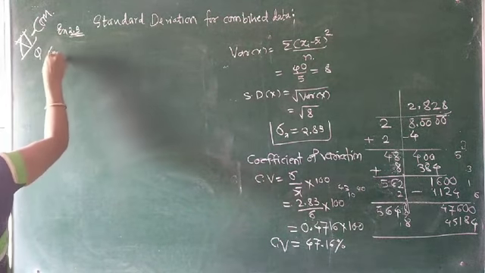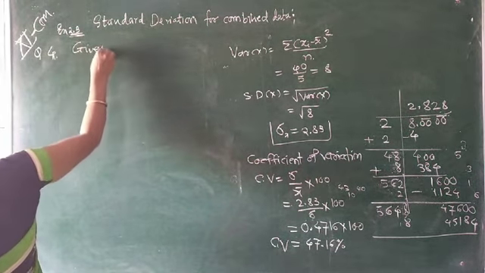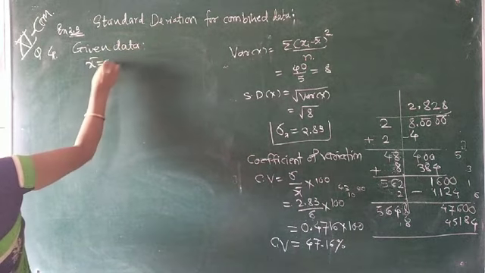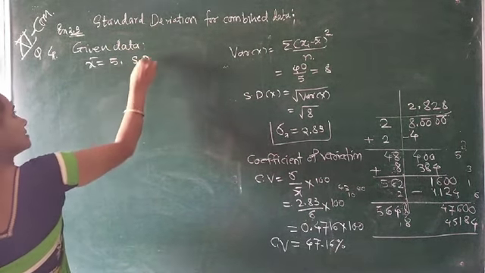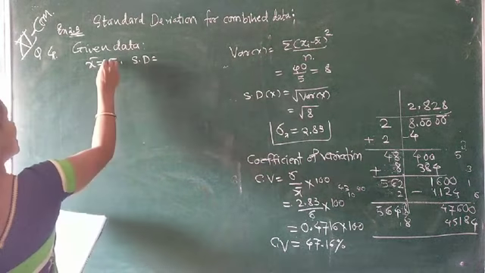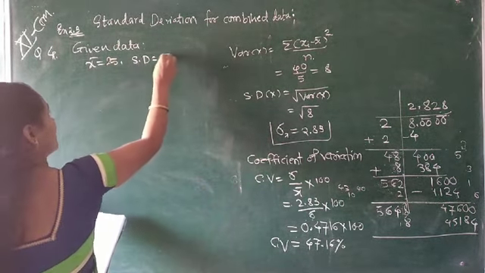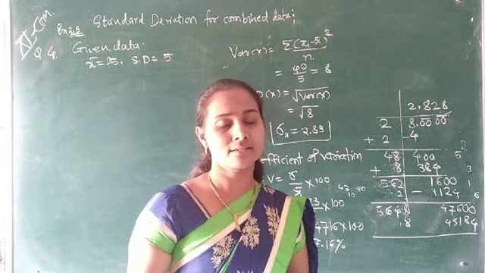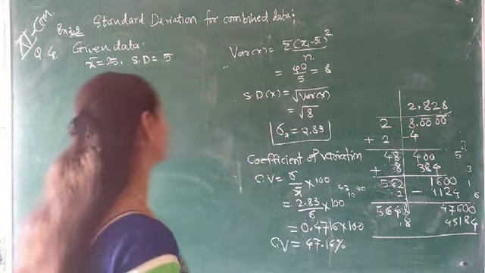Question 4. What is given here? Mean x bar, sorry, mean is 25 and standard deviation is 5. So find the CV. Here we know the mean and standard deviation, so use the formula of CV.